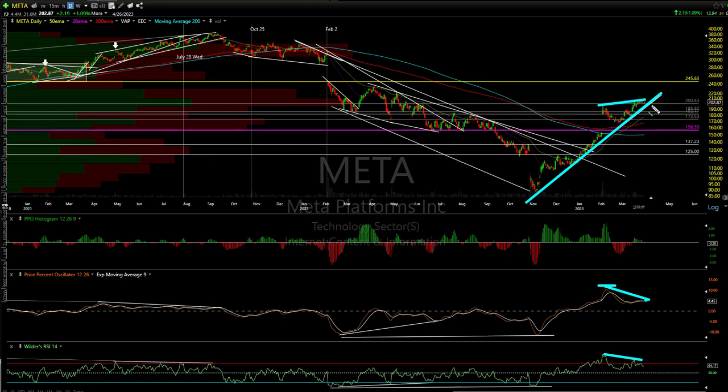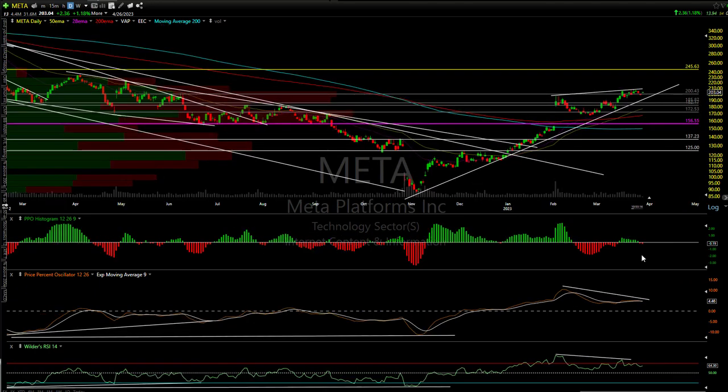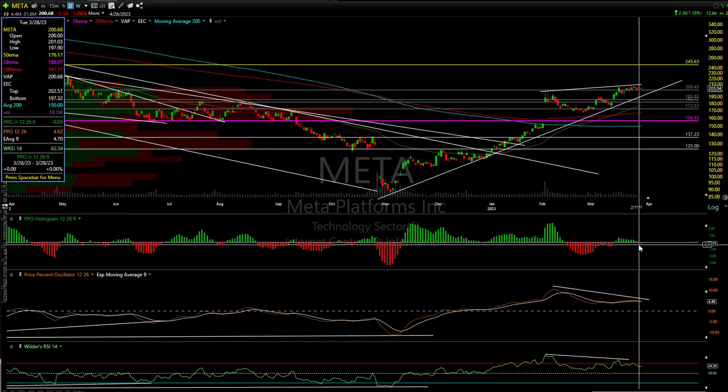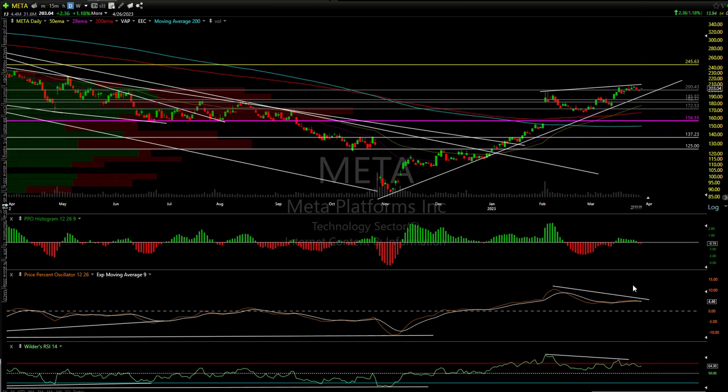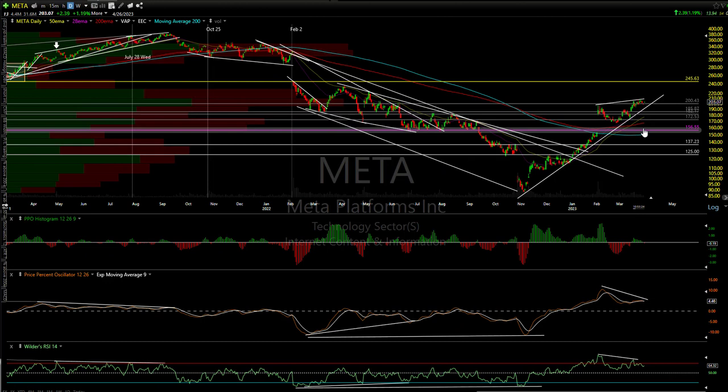That's going to be a powerful sell signal when that trend line goes. And just from the look of it, it looks imminent to me. By the way, the PPO made a bearish crossover yesterday, thereby confirming that negative divergence on Meta. And again, if you want to play it safe, I may be proven wrong here, but the safe bet is wait for the majority of those trend lines to break.